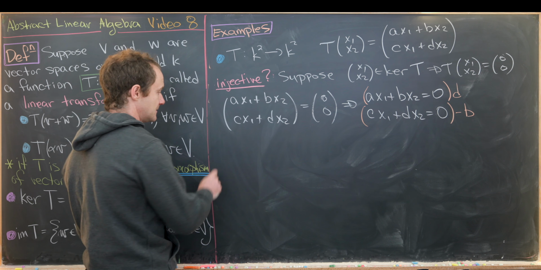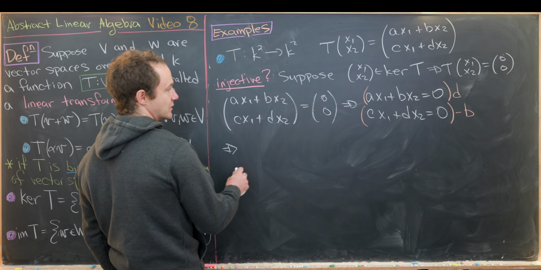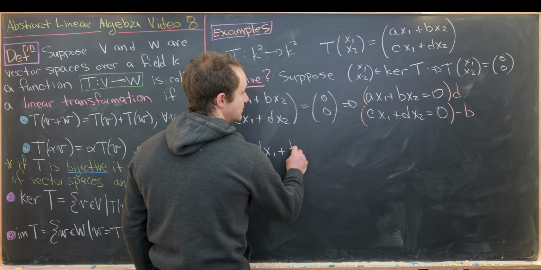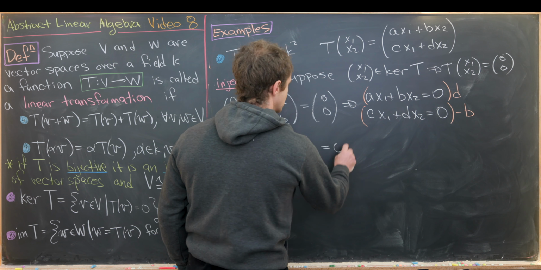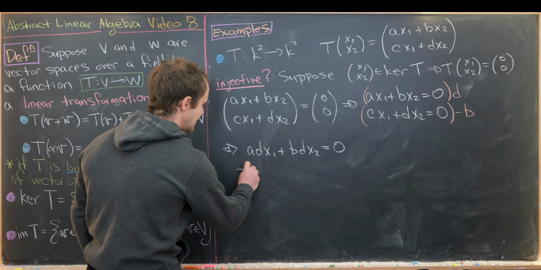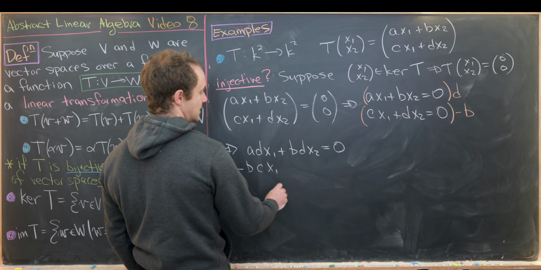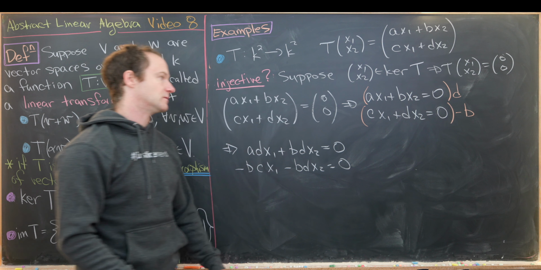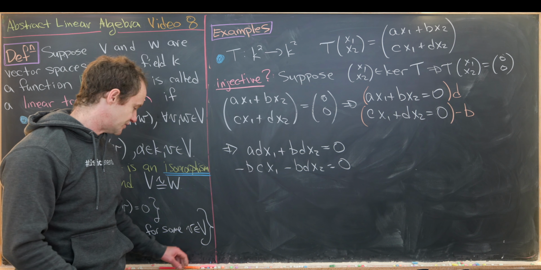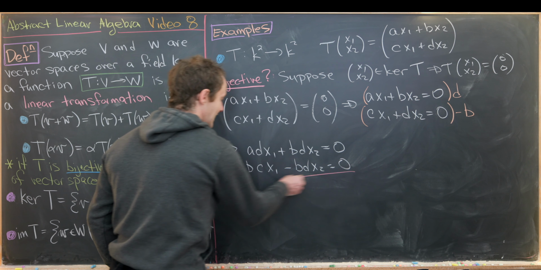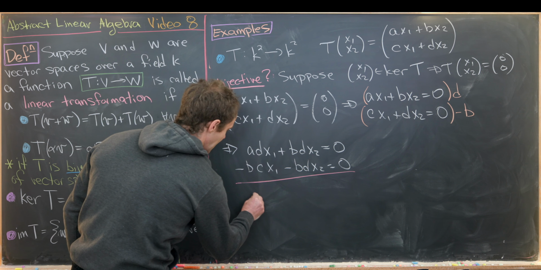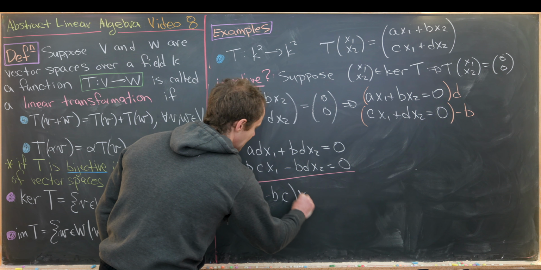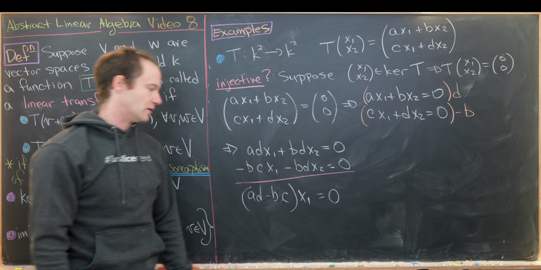That gives us adx1 + bdx2 = 0, and then -bcx1 - bdx2 = 0. Now let's add these two equations. We get (ad - bc)x1 = 0.